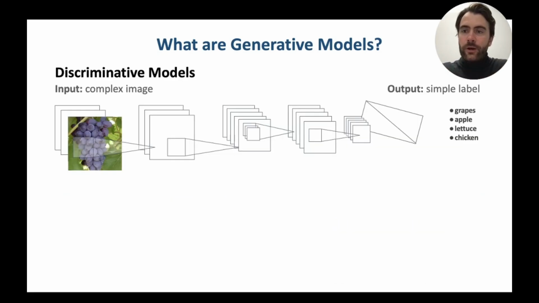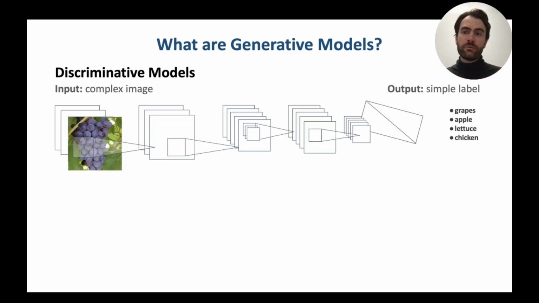Now, another way of understanding generative modeling algorithms is to compare them against the other type of machine learning method, which are discriminative algorithms or discriminative models. In fact, most machine learning algorithms in use today are actually discriminative models. A discriminative model can also operate over high-dimensional data, but it does so in a very different way.